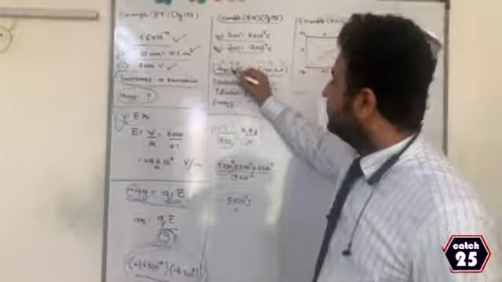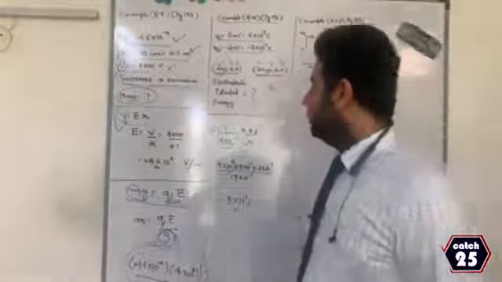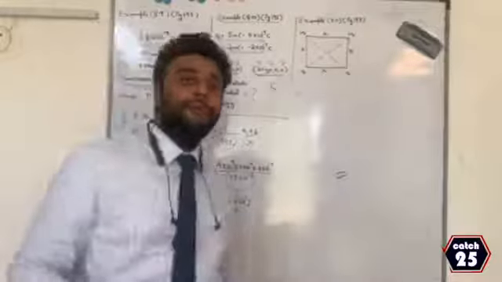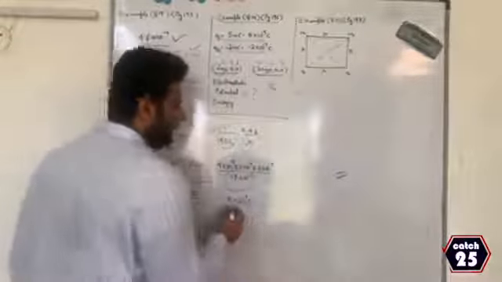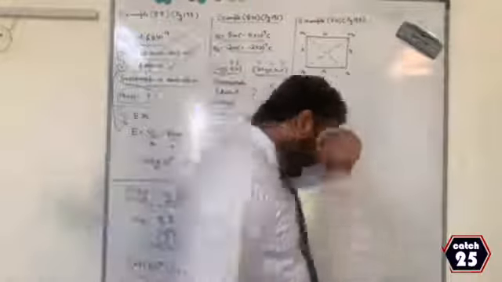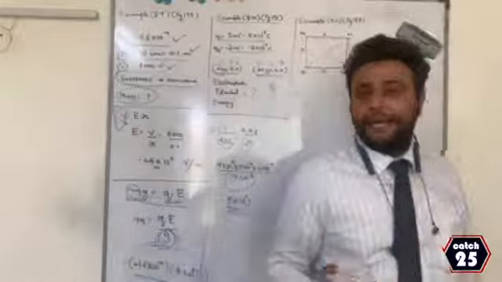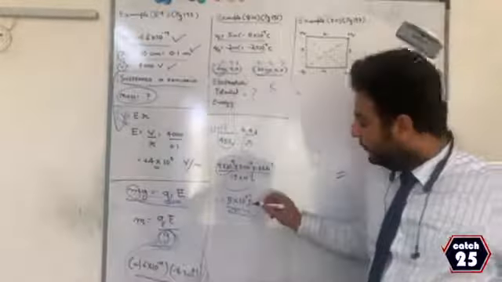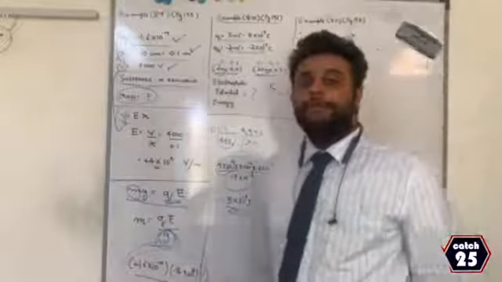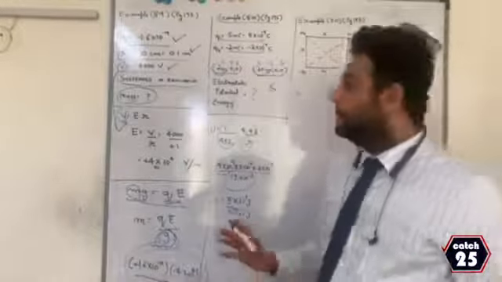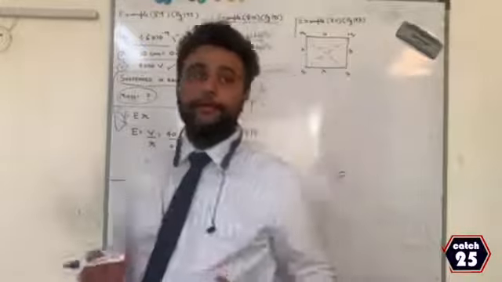But since it is in centimeter here, I have to convert into meter, which is 18 into 10 power minus 2 meter. Therefore, I will get the answer as minus 5 into 10 power minus 7 joule. Now, energy can be negative unlike mass. Therefore, the answer will be kept as negative, and the unit is joule. Therefore, 8.9 and 8.10 can be solved directly from the table FEWE.